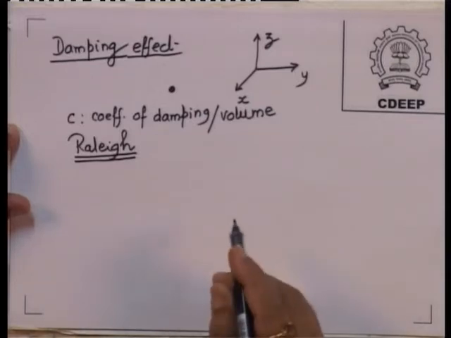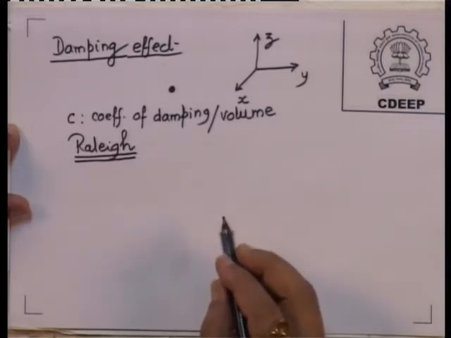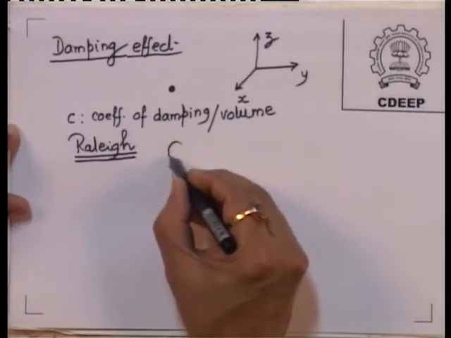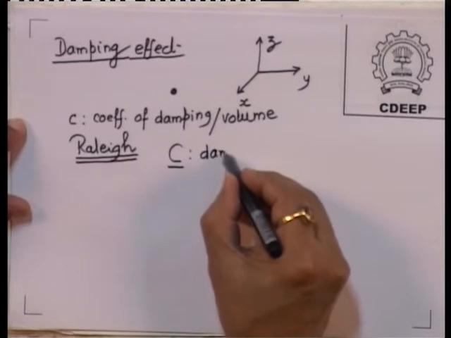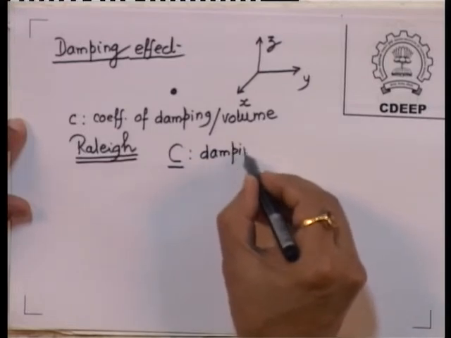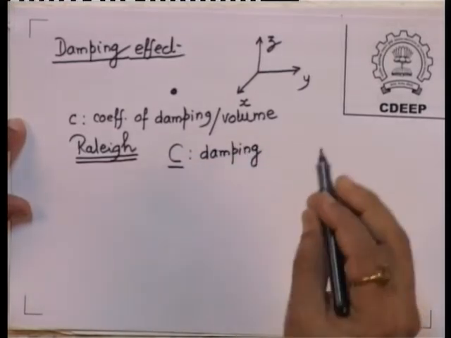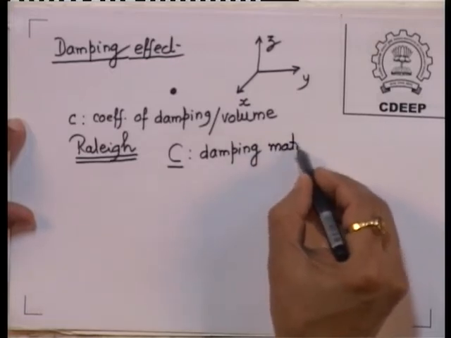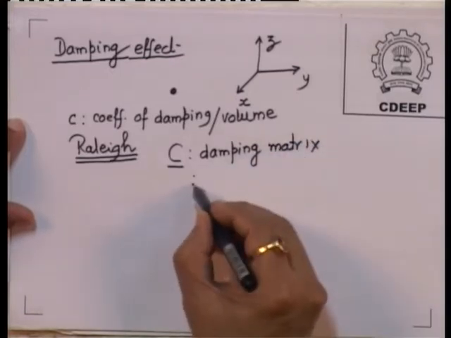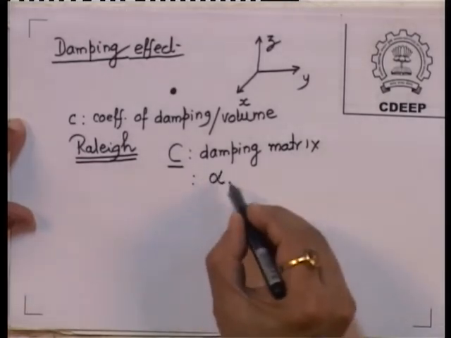Similar to your mass matrix, damping will give rise to a damping matrix C. The sign will also be the same as that of the mass matrix.